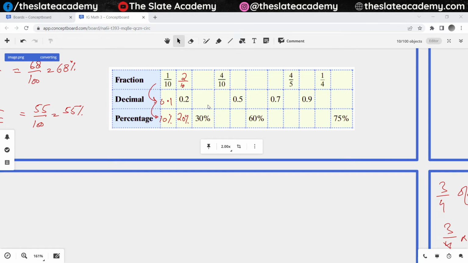Mr. Ilyas, for 30%, what would be the answer in decimal and fraction? 30 over 100 or simplified, it would become 3 by 10. Excellent. Miss Aisha, for 4 by 10, the answer in decimal and 40%. All right.